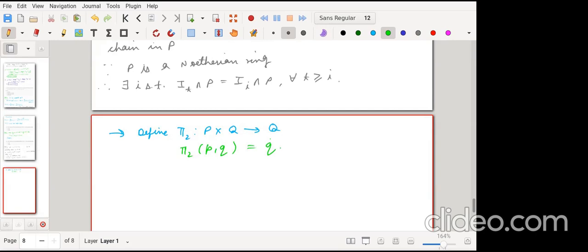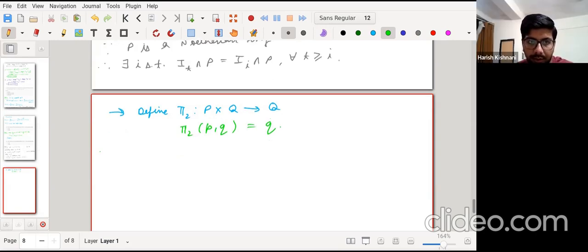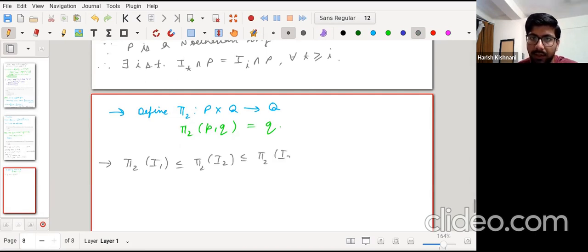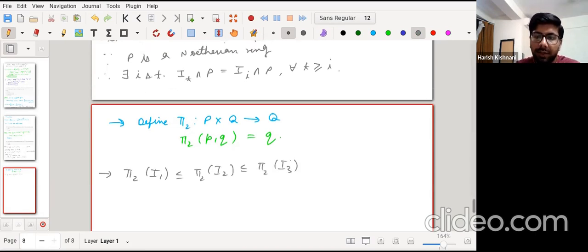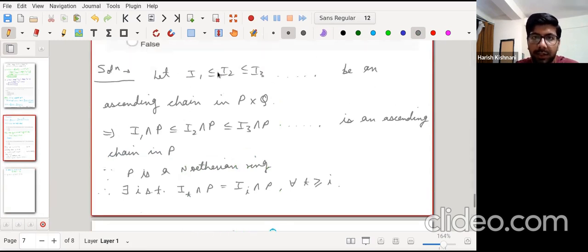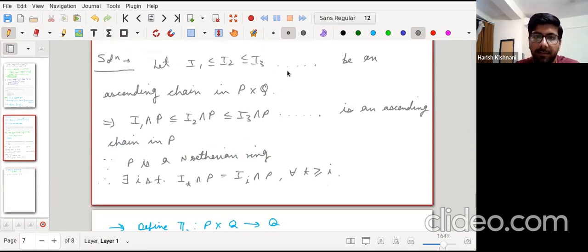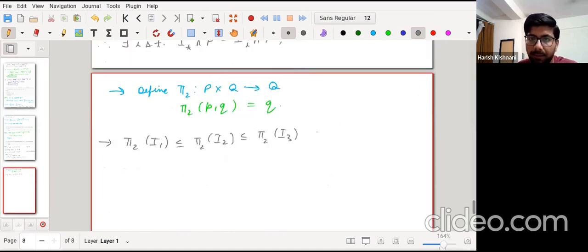Now I leave it to you to check that pi 2 of I1 is an ideal, pi 2 of I2 is an ideal, and so on. Each element of this chain is an ideal. The projection of these ideals is an ideal, and the ascending chain condition is preserved.